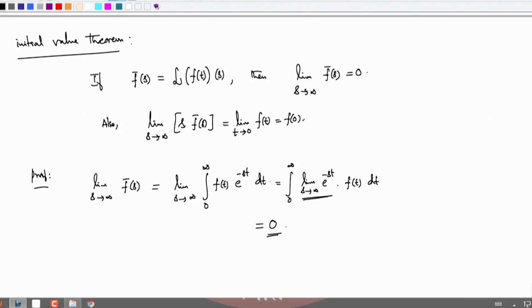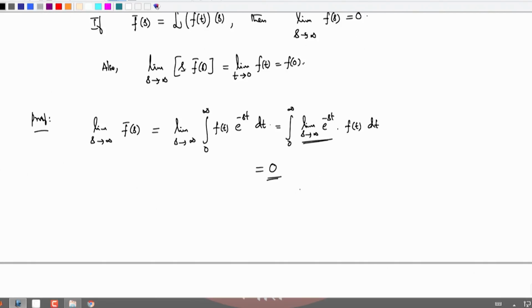So, this is straightforward. Now suppose f is a differentiable function. If the Laplace transform of f dash of t exists, then this is also true, and this is what we will show.